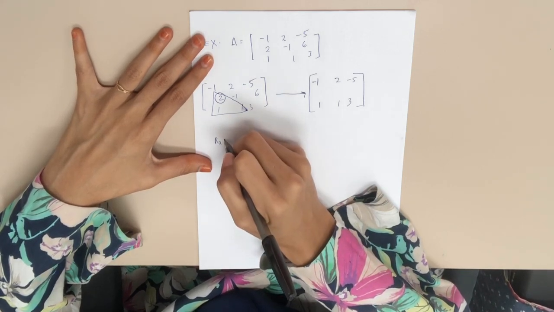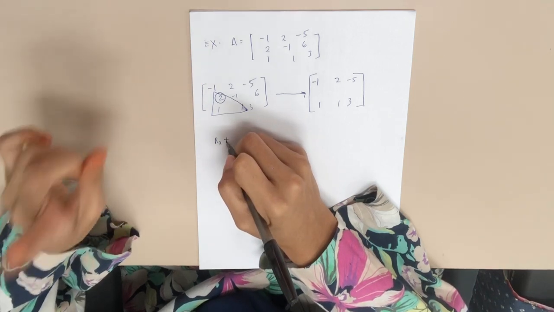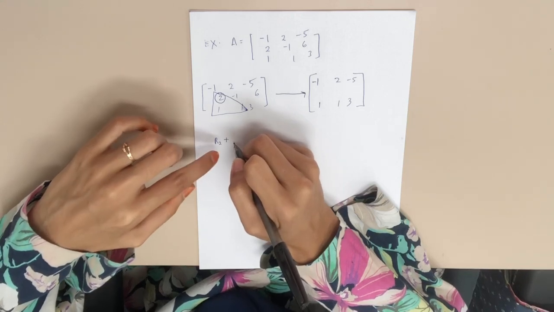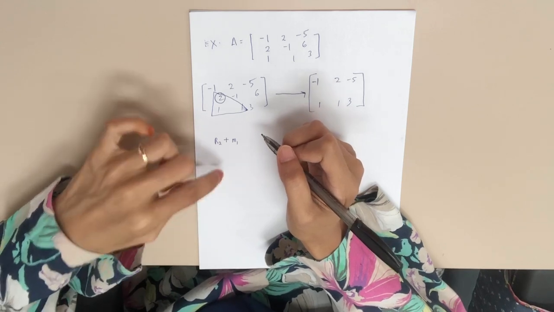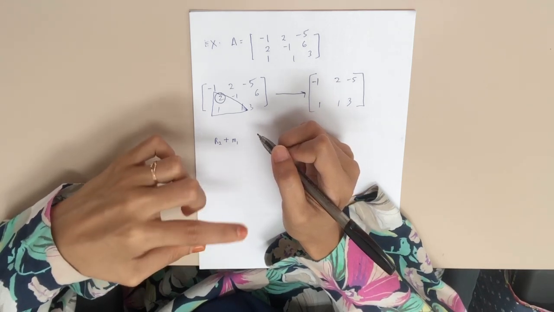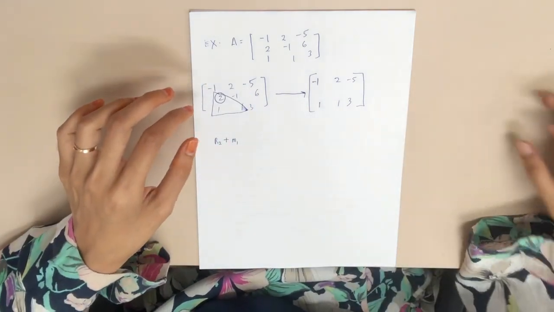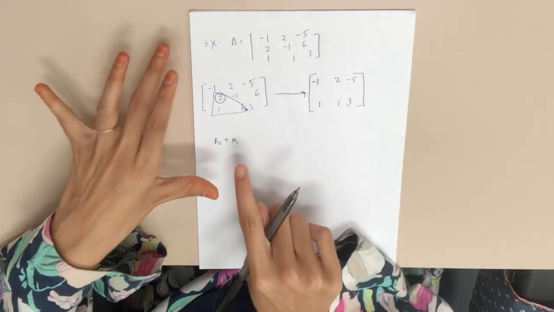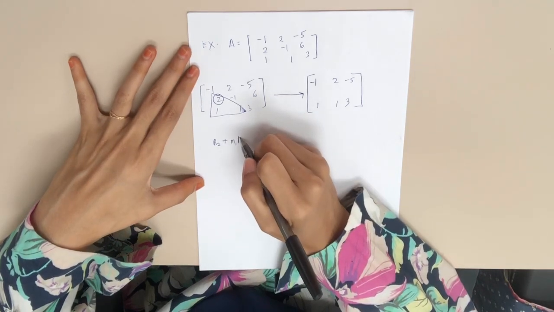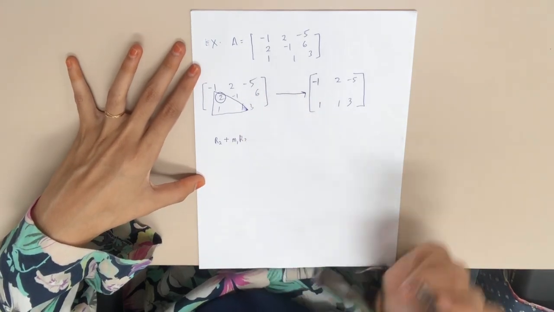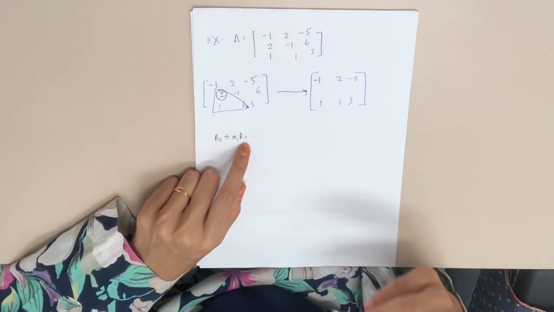I do the row replacement operation: R2 plus M1, where I use M1 to indicate the first operation, because you have another one later on, multiplied with R. Which row should you use?